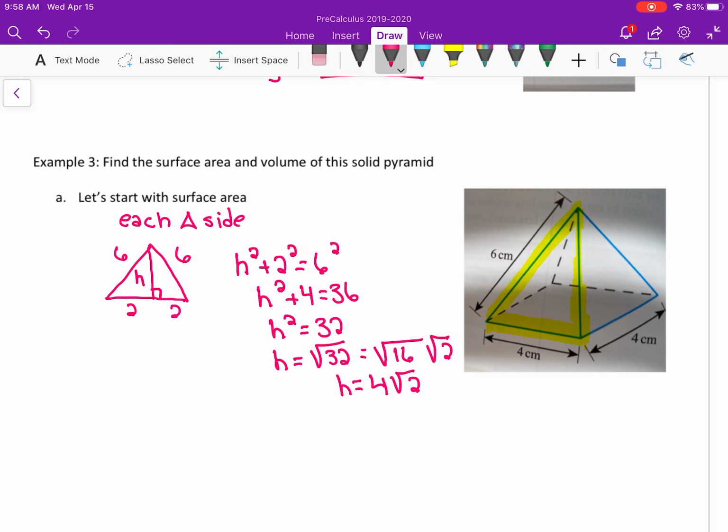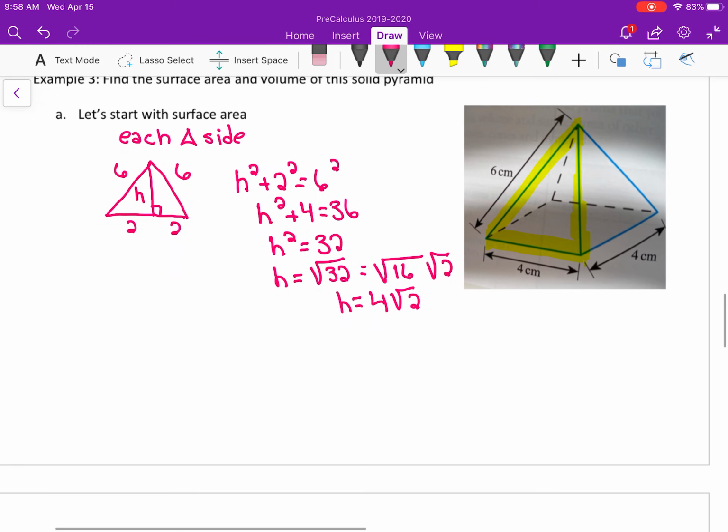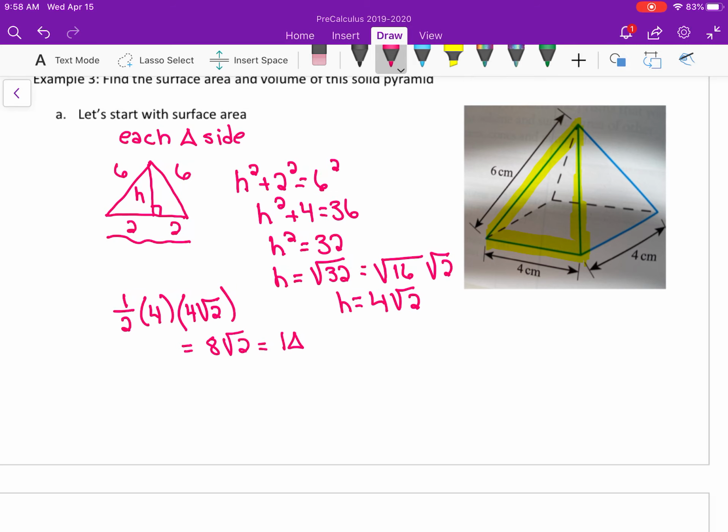All right, so I have an h of 4 root 2, and now I can find the area of that triangle. 1/2 the base, the whole base, which is 4, times 4 root 2, which is the height. And that gives me 8 root 2 for one triangle.